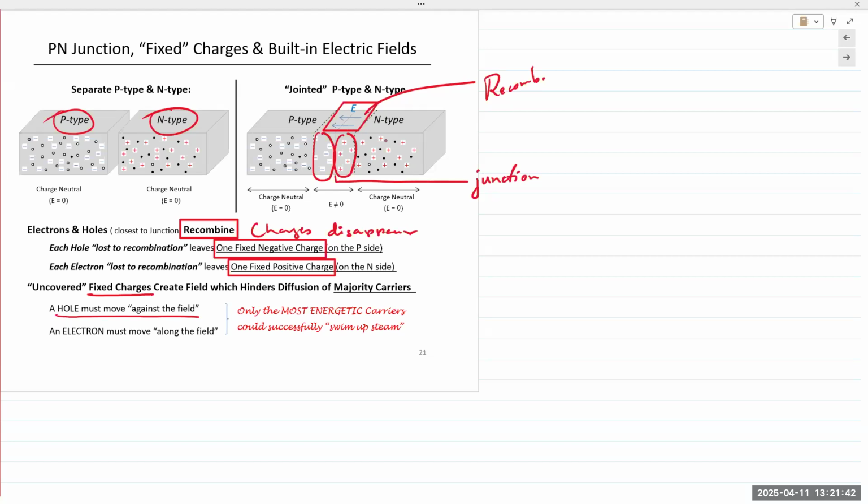If the majority carriers now want to cross the junction, they must work against the field. Same thing with the electrons. The electron must move with the field, but their natural inherent ability is the exact opposite. Hence, the electric field stops further diffusion of these charges.